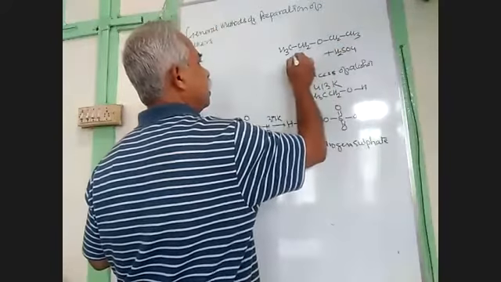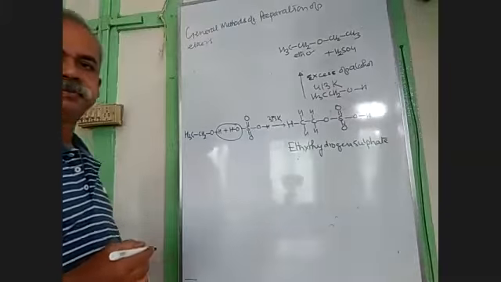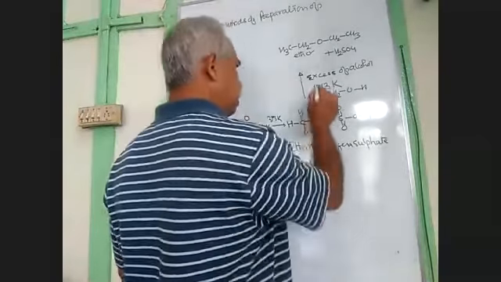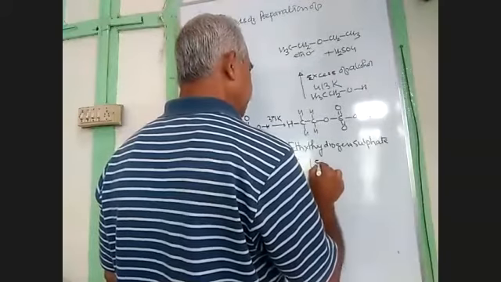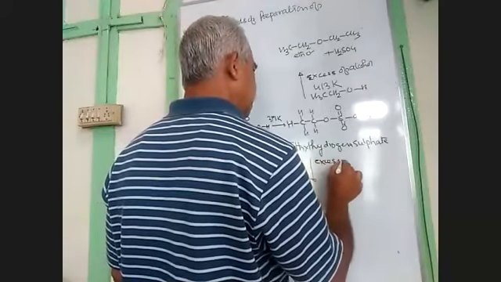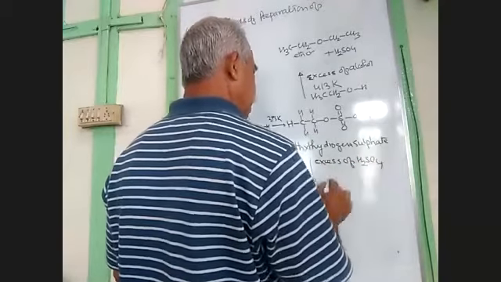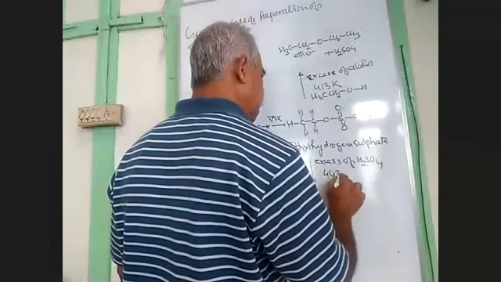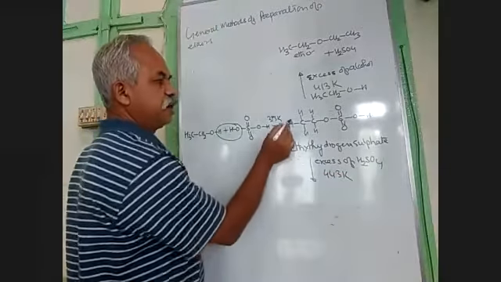So what you get here? You get ether. And instead of adding alcohol, if you add excess of H2SO4, and raise the temperature to 443 Kelvin, see here in this case, what will happen?